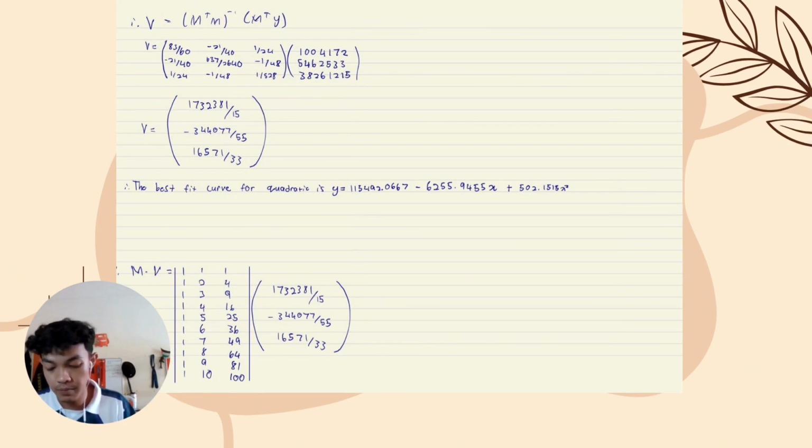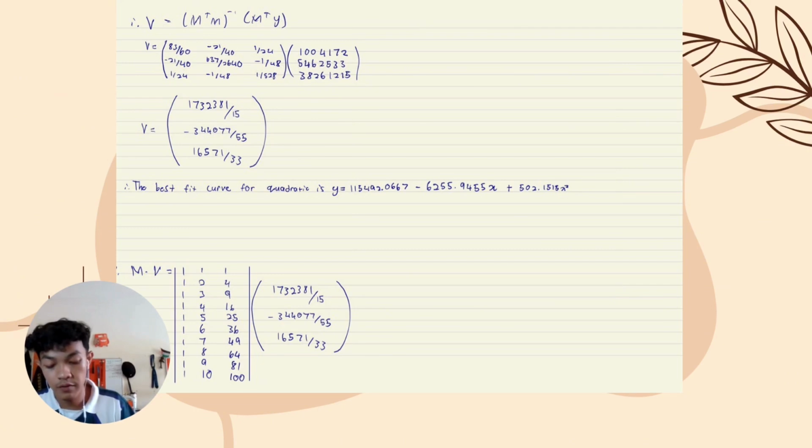So therefore, the best fit curve for quadratic is y equal to 115,492.0667 minus 6255.9455x plus 502.1515x squared.